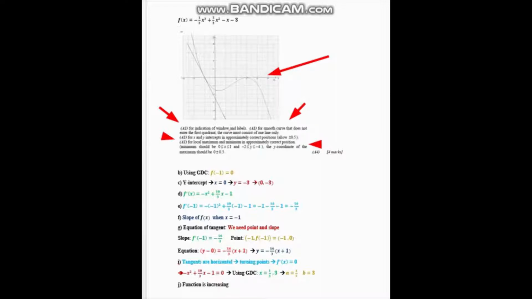The minimum point should have an x value between 0 and 1, and a y value between -2 and -4. And the y coordinate of the maximum point should be 0 plus or minus 0.5. So preferably 0 at the x-axis. If you are off by 0.5, you do not lose marks.